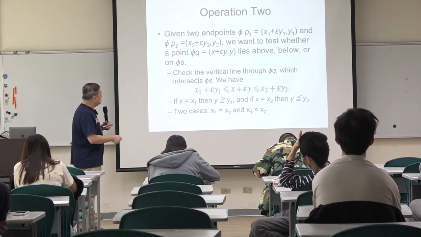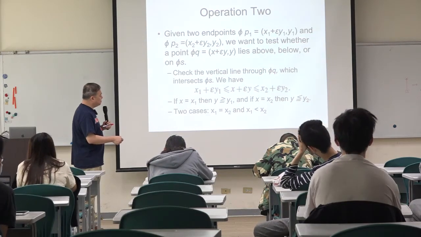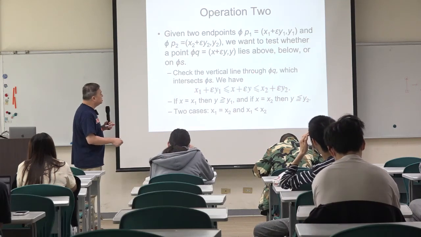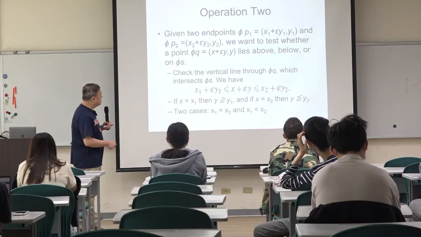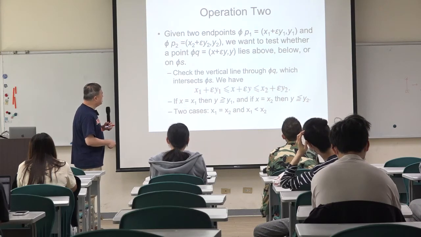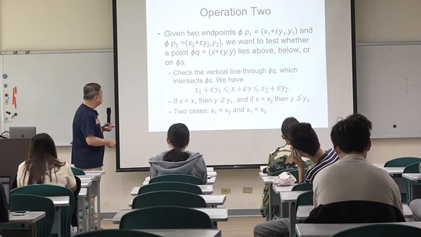We just check the vertical line through this point, which will intersect this segment. This gives us: if x is the same as x1, then y is greater or equal to y1, and if x is the same as x2, then y must be smaller or equal to y2.